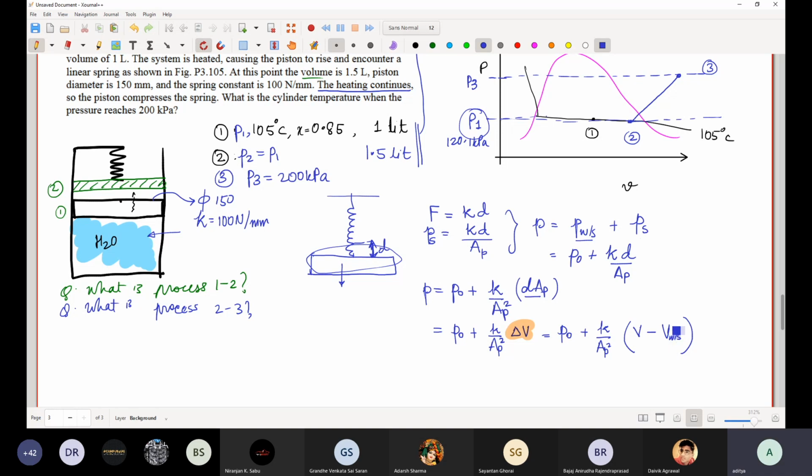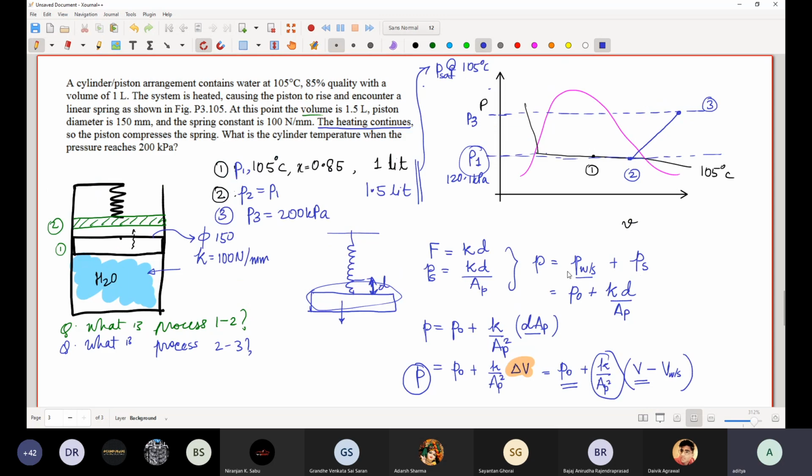This is the volume without any spring. So if you look at how the curve varies, P varies linearly with V with this slope and this intercept. That is why it's a linear curve.